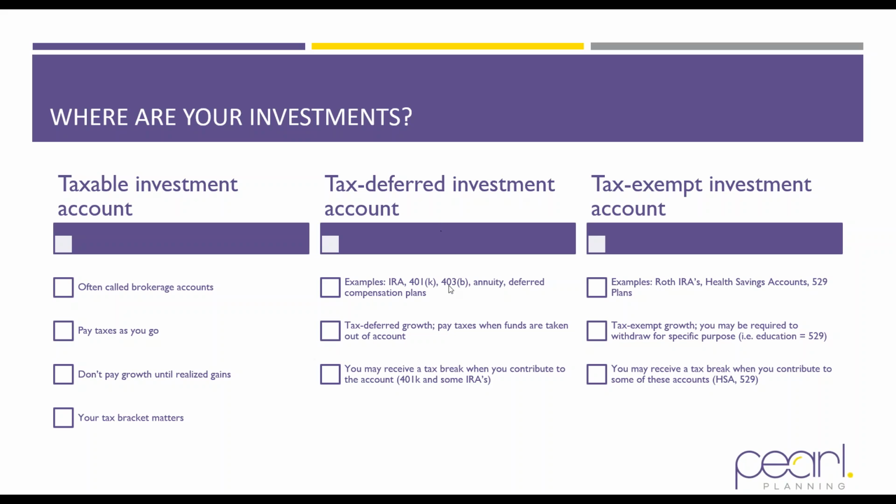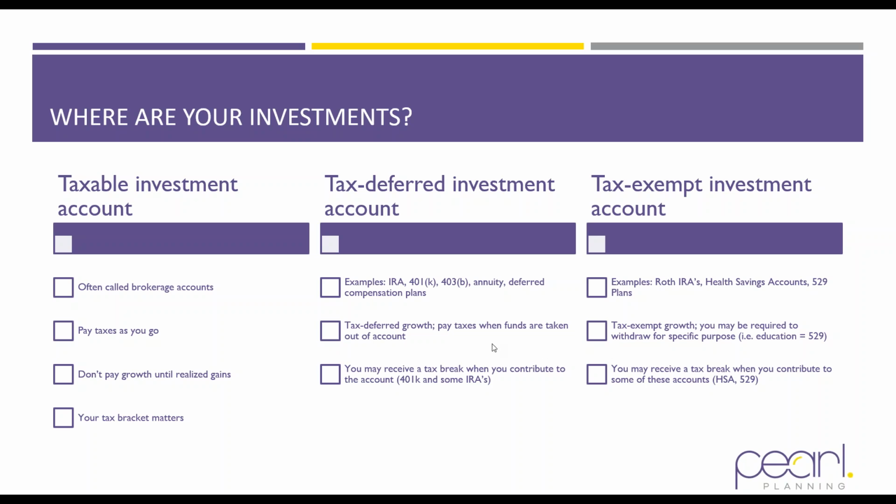Tax-deferred investment accounts, some prime examples are IRAs, 401ks, 403bs. These are the traditional versions, not the Roth versions, which we'll get to in a moment. Annuities, deferred compensation plans. These are accounts where you know you're going to pay taxes eventually, but you're not paying those taxes right now. So that is tax deferred growth. That's another way to say it. You're not paying now, you're deferring that tax bill to the future.